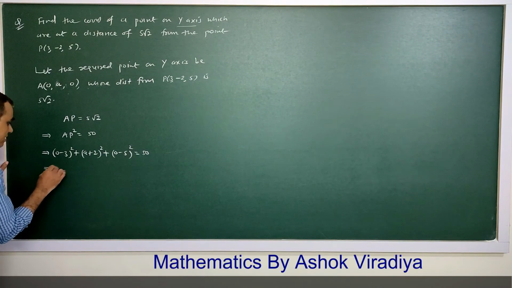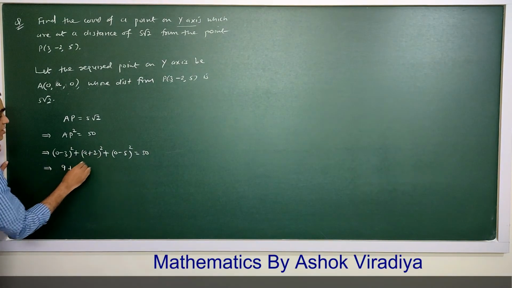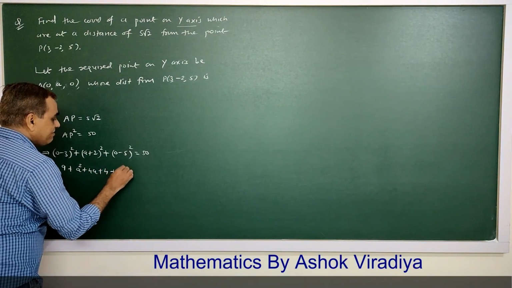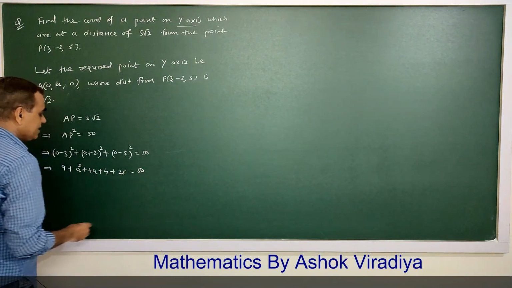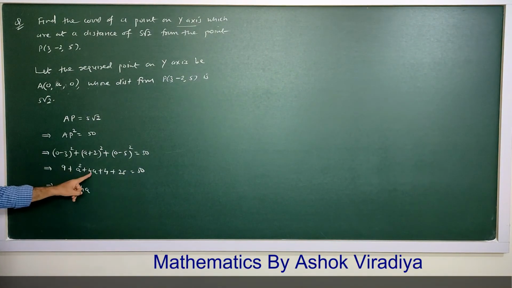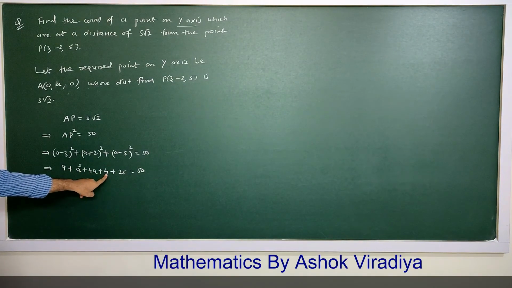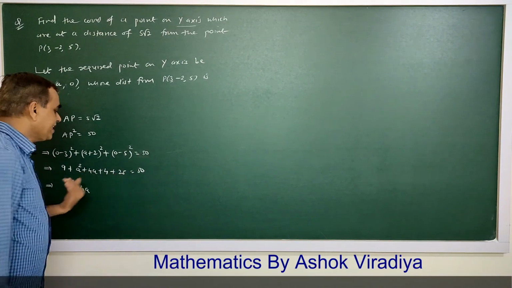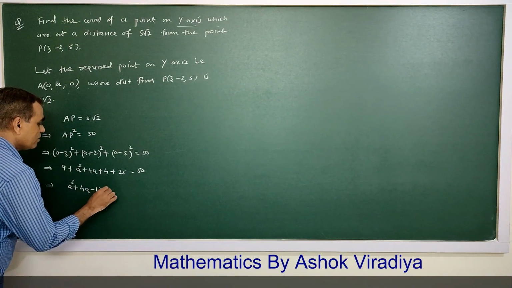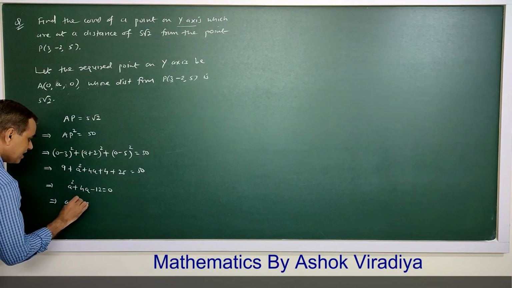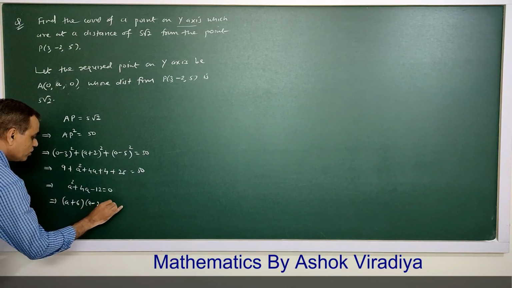So therefore, this is 9 plus (a plus 2) whole square, which is a square plus 4a plus 4, plus 25 equal to 50. So a square plus 4a, 9 plus 4 is 13, 13 plus 25 is 38, 38 minus 50 is minus 12, equal to 0. So that is (a plus 6)(a minus 2) equal to 0.